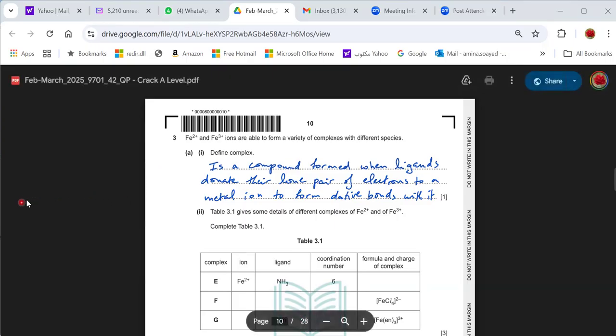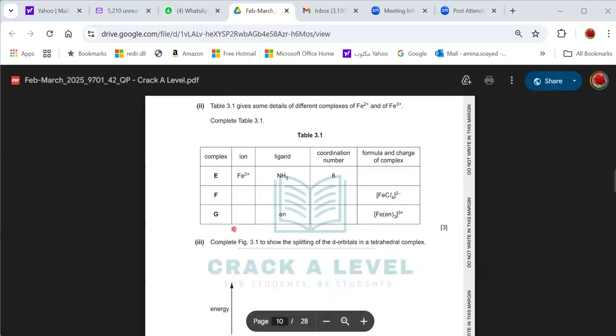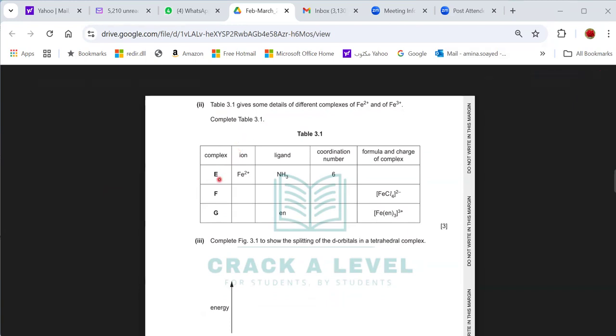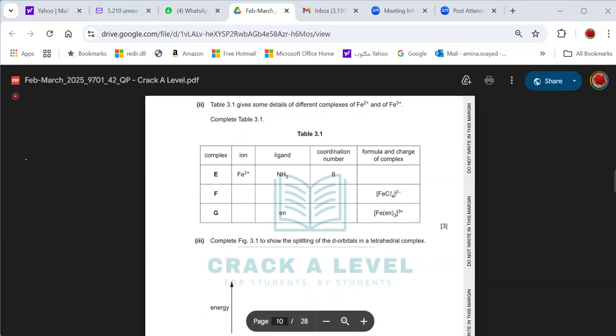Okay, so they said here, table 3.1 gives some details of different complexes of iron plus 2 and iron plus 3. Complete the table. So here, for the first complex, the ion is Fe plus 2, the ligand is ammonia, the coordination number is 6. We know that the coordination number is the number of bonds that are formed between the ligands and the metal ion.